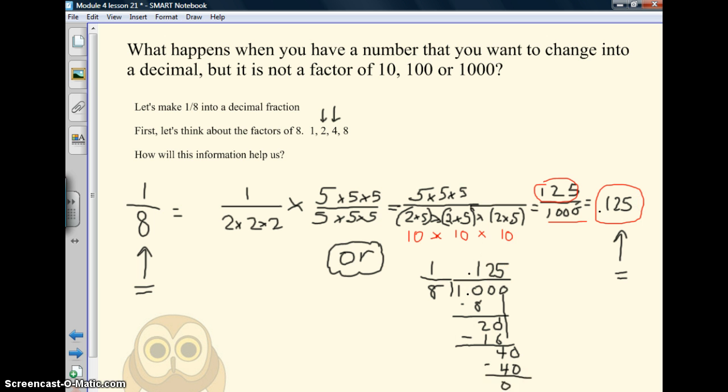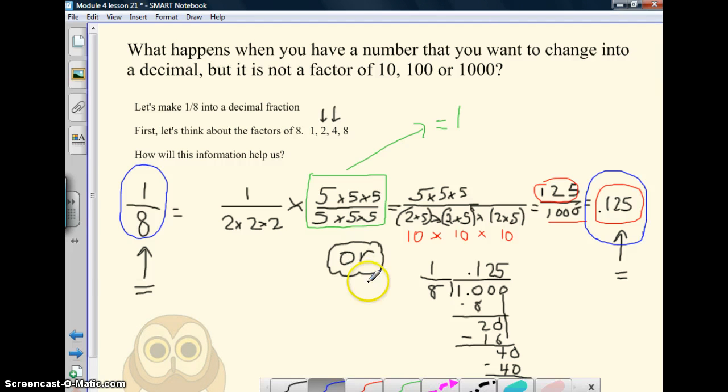Since I multiplied this by this fraction, whose numerator and denominator are identical, which means that that fraction is equal to 1. Okay, you got me? Then I can say 1/8 is equal to 125 thousandths. Okay, they're the same thing.